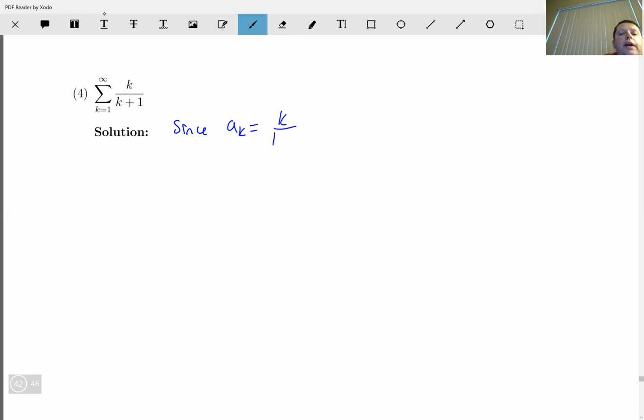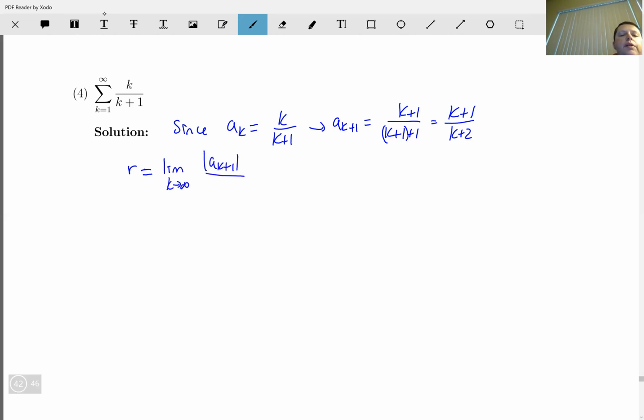The kth term is k over k plus 1. So the (k+1)th term is (k+1) over (k+1)+1, which is (k+1) over (k+2). So r is going to be the limit as k goes to infinity of the absolute value of the (k+1)th term over the absolute value of the kth term. Everything's positive, so I don't have to worry about the absolute value here.